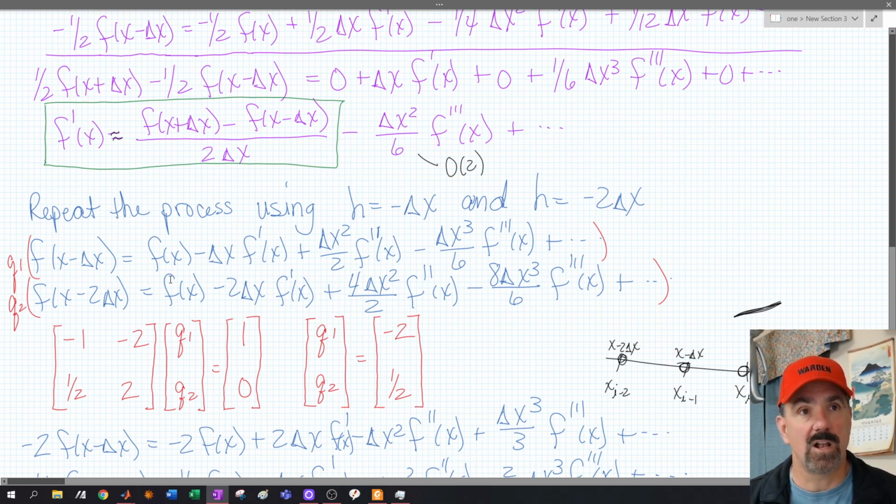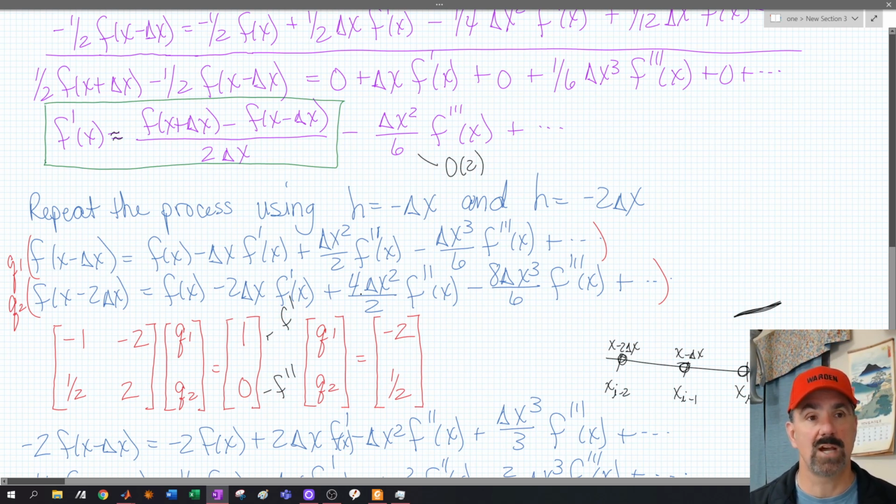That gives us the following. We have negative 1 q1 minus 2 q2 equals 1. That's f prime again. So again, this is the f prime equation. And then the f double prime equation here, we have 1/2 times q1 plus 2 times q2 equals 0.